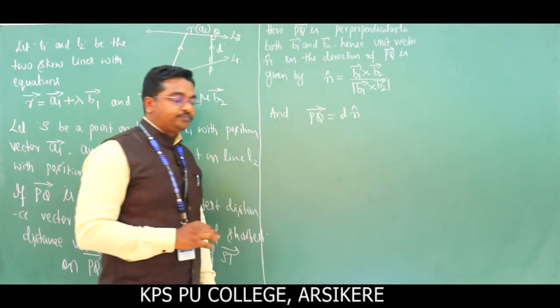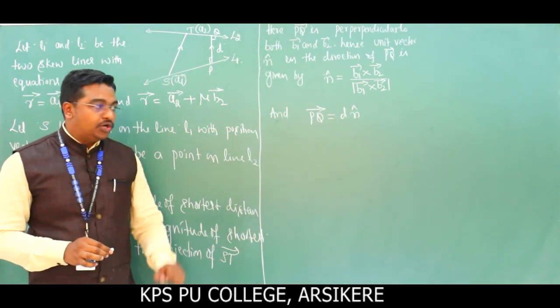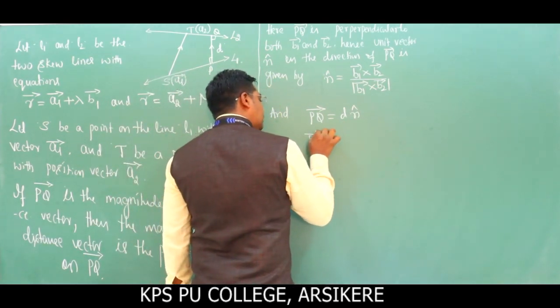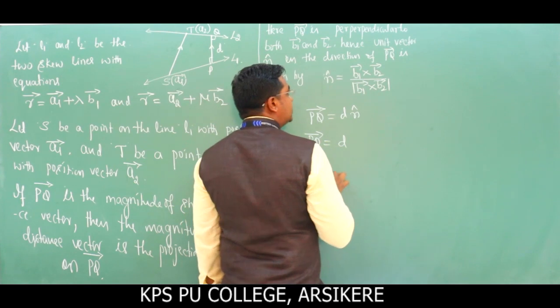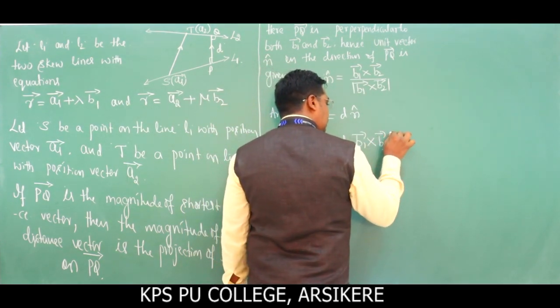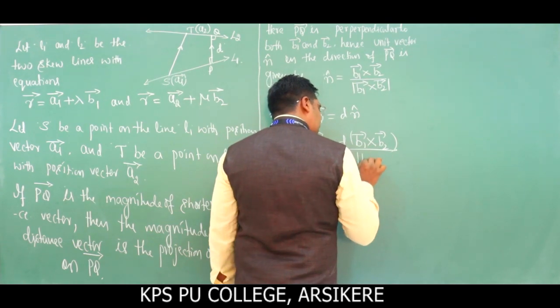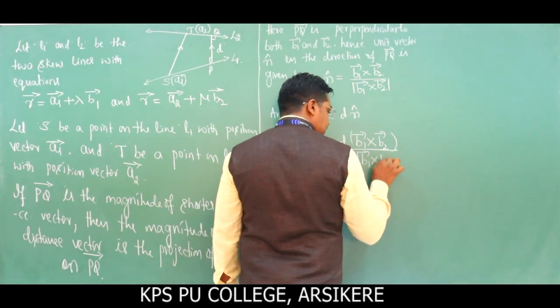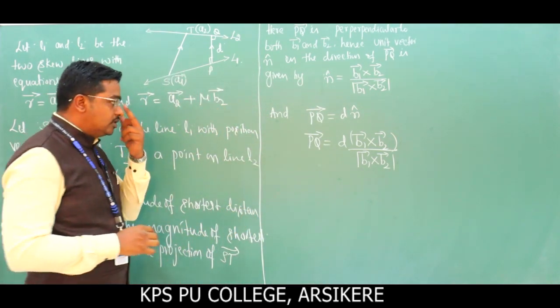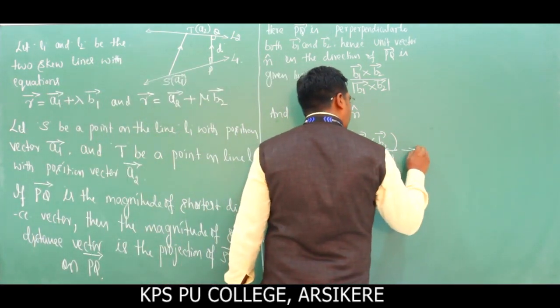Vector PQ is equal to D into n cap. Just substitute n cap here. Therefore vector PQ becomes D times B1 cross B2 divided by modulus of B1 cross B2. Call this equation number 1.